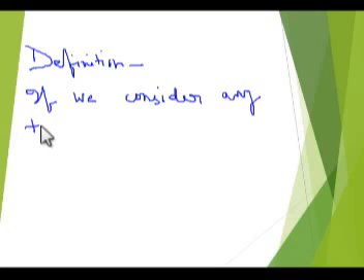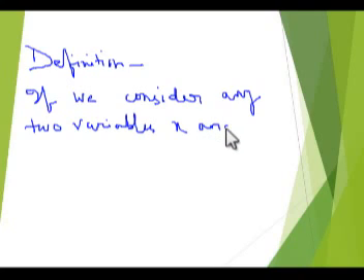Definition: if we consider any two variables, variables x and y, then the relation, dependence, or interdependence, or association between them is called the correlation.